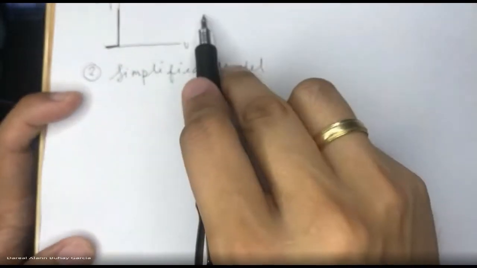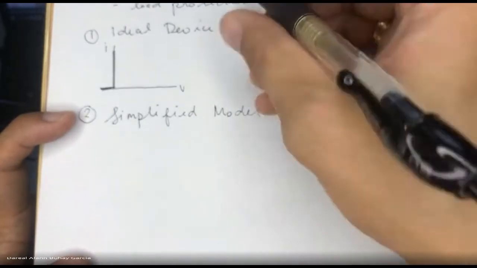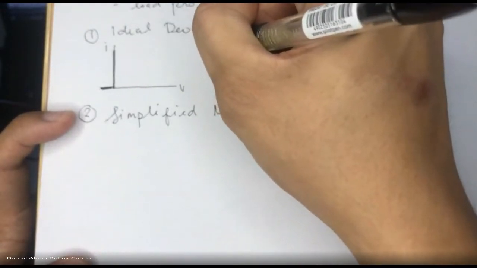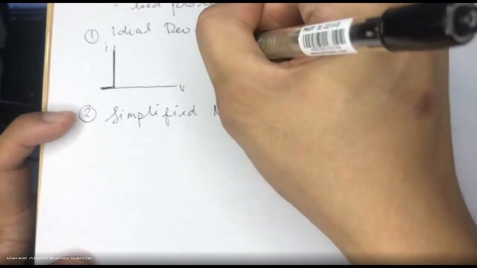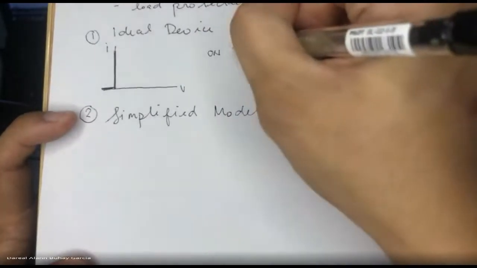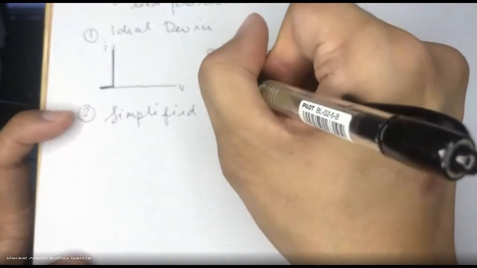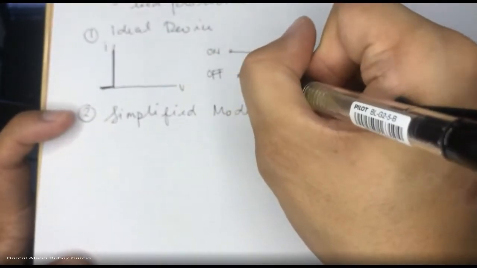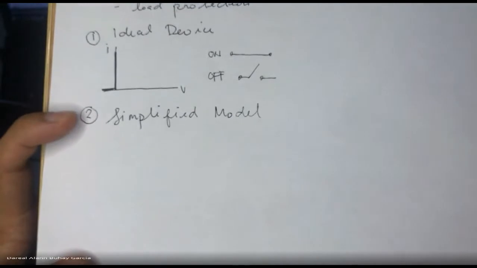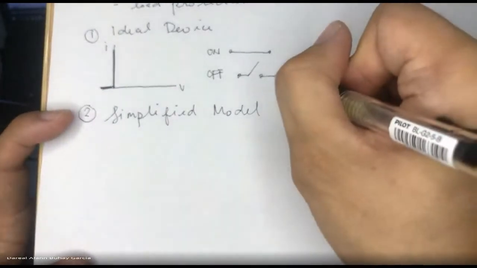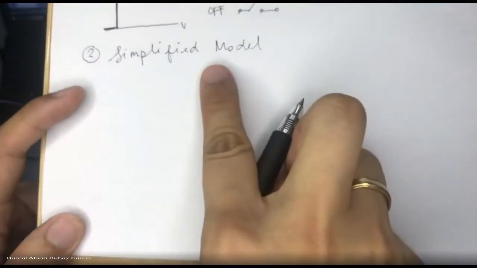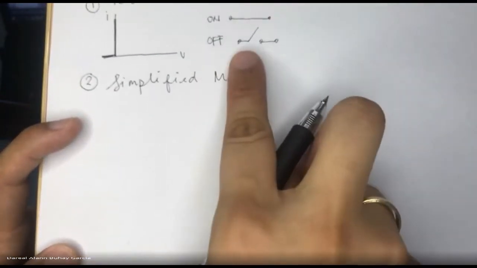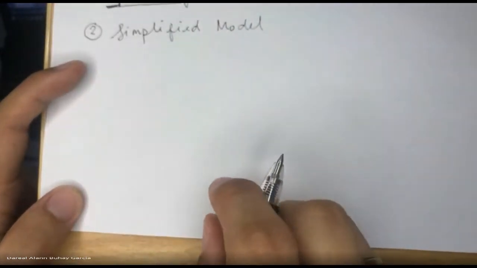In the ideal device, the diode has two states, on or off. When it is on, it is a closed switch. When it is off, it is an open switch. So the simplified model is not only a switch, but also a battery.